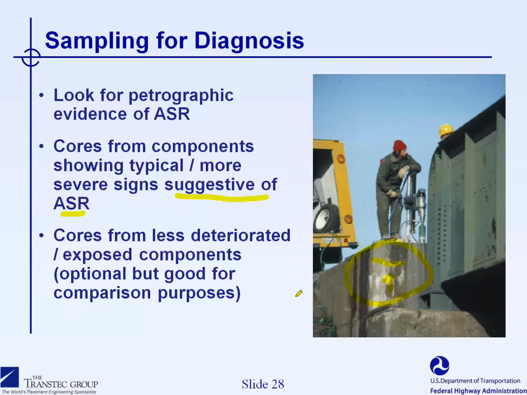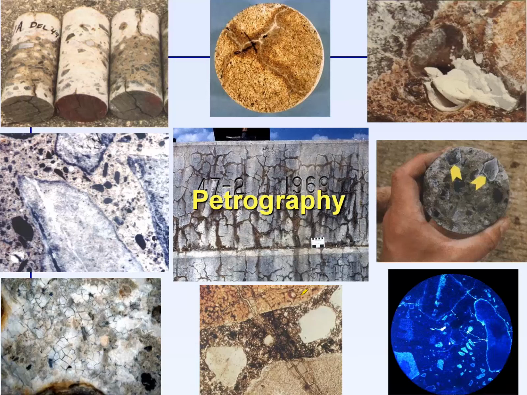And then cores could also be taken from less deteriorated or less exposed components of the structure in order to compare the internal sign of deterioration, if any, and then that could help in determining whether or not ASR or ACR is present in the concrete. Petrographic examination is really the main tool here that will be used to determine if ASR is present.